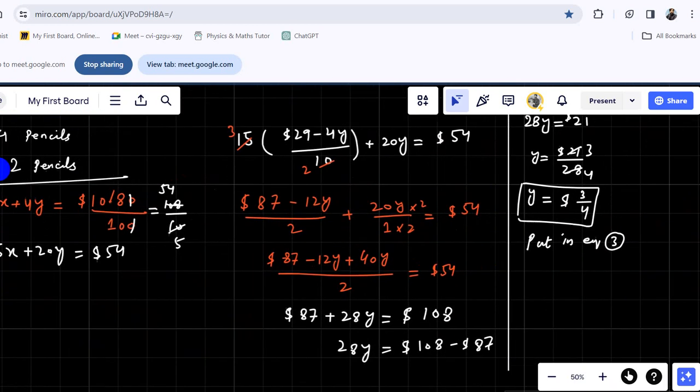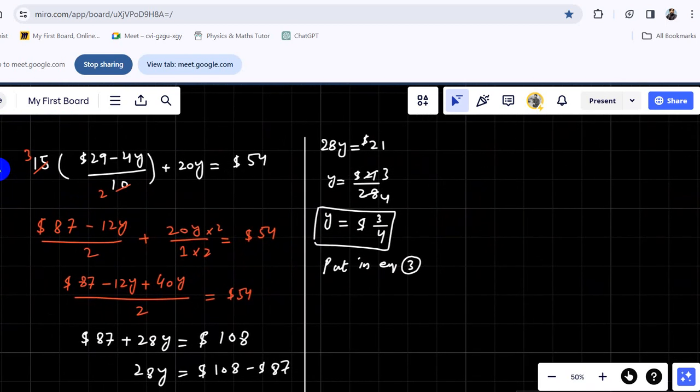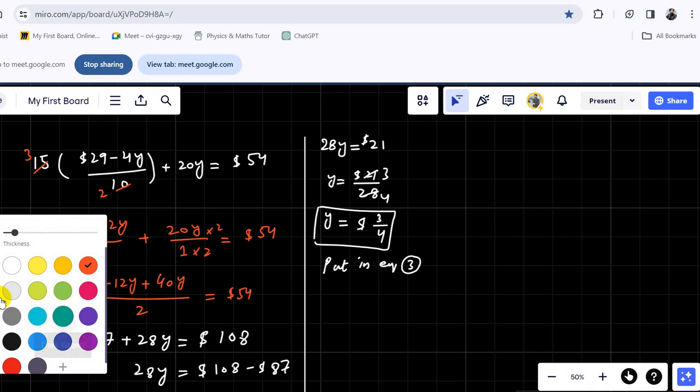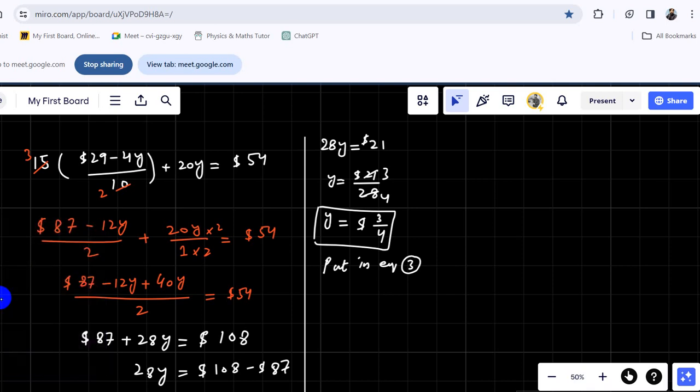So we can put these values here. x is (29 minus 4 times 3 upon 4) divided by 10.